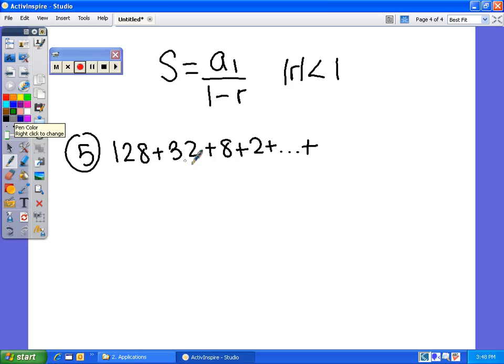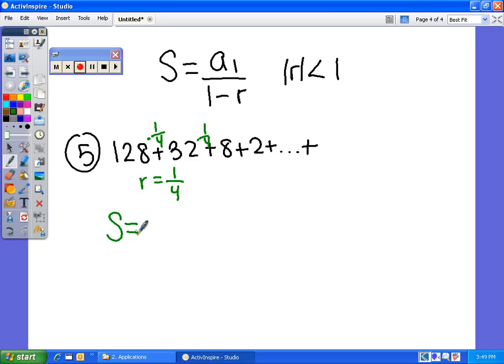I will divide 32 by 128, or I can even do 8 divided by 32, and I find out that my ratio is equal to 1/4. Because my ratio is 1/4, it is okay to use this formula, so I'm going to apply it.